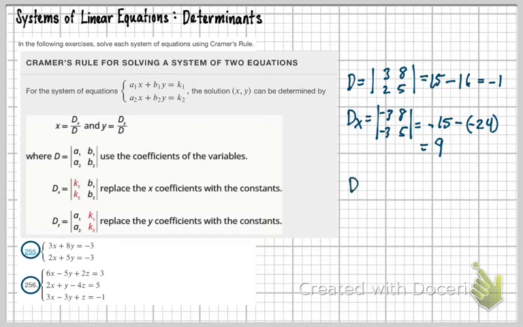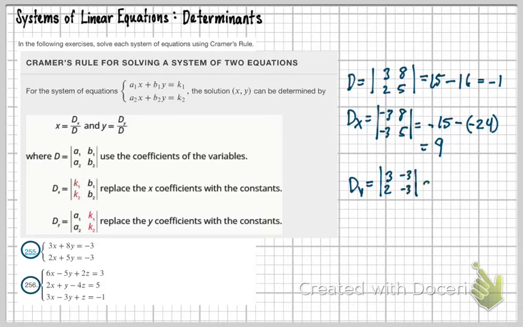So then my dy here. If I look at my dy, that's down here. So for the d, my first column stays the same. That's going to be 3, 2, and it's just coming from up here. And then my second column is going to become those constants now. And that's going to be that negative 3 there.